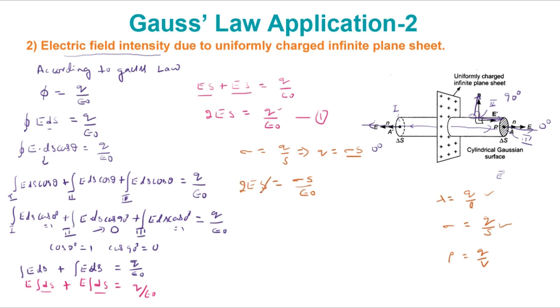Here this S and this S cancel, and our target is E, so take E outside. E is equal to sigma divided by 2 epsilon naught, sending the 2 to this side. So this is the final answer for our derivation of the electric field intensity due to a uniformly charged infinite plane sheet.